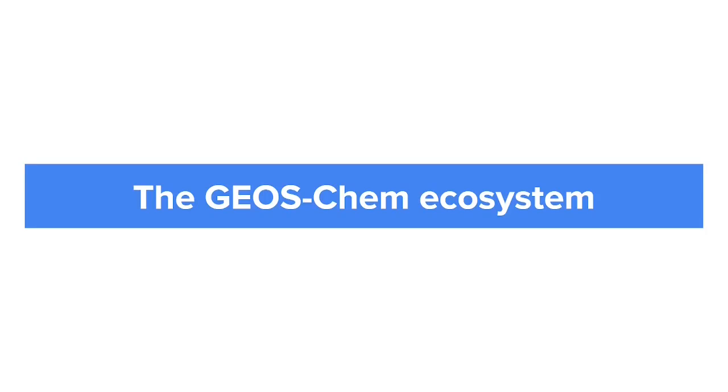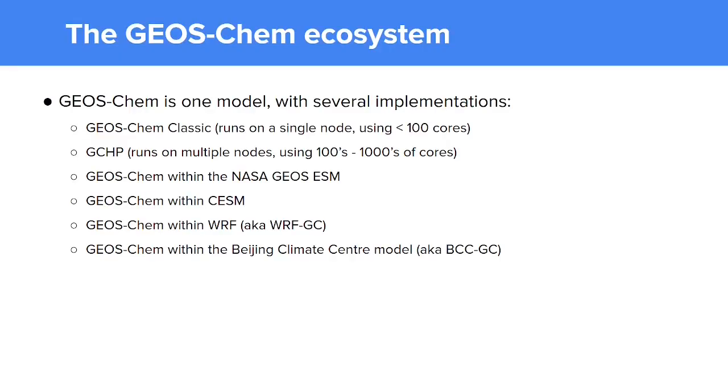So first I'd like to start out by taking a look at what I like to call the GEOS-Chem ecosystem. As you are aware, GEOS-Chem is a model of atmospheric chemistry and composition, but is really more than that. It is one model that can be run in several different implementations. Most GEOS-Chem users typically run GEOS-Chem Classic as it is the simplest implementation.